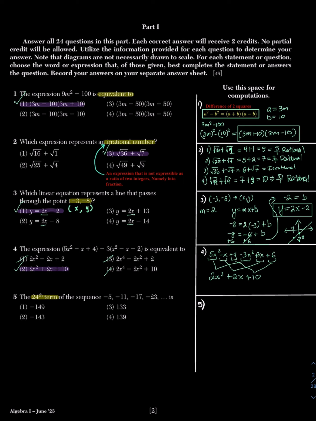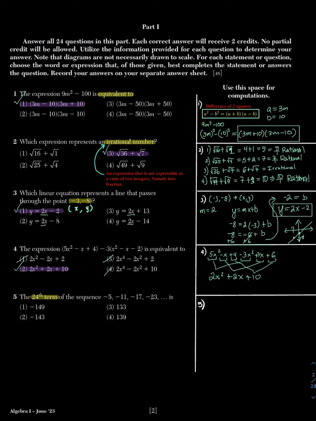One is using your calculator, going to L1 and L2, typing 1, 2, 3, 4 in L1, and then -5, -11, -17, -23 in L2, and then clicking linear regression to get an equation, and then plugging in the value 24 for x to get the value. But we're going to be using the arithmetic sequence, something you have been taught in class.